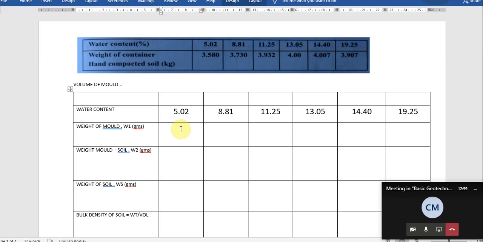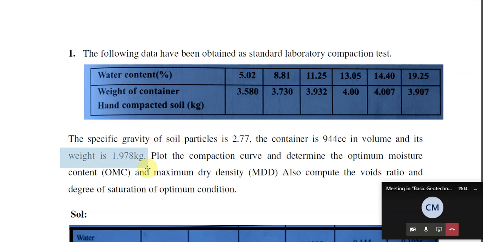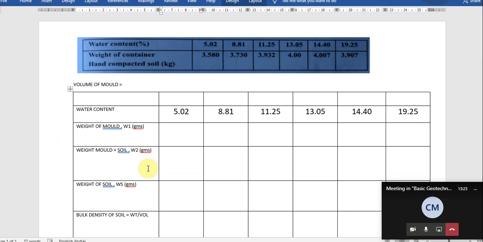Next, weight of the mold. It is designated as W1. It is given in the question, weight of the mold or weight of the container. The weight of the container is 1.978 kg, so 1978 grams.